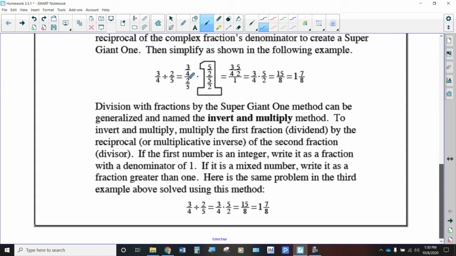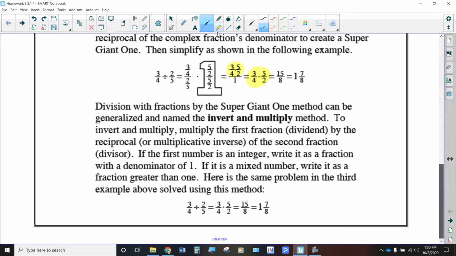And if we want to change the denominator into a 1, we have to multiply it times its reciprocal. But you can't just multiply the denominator times the reciprocal without also multiplying the numerator times that same reciprocal. So notice how you're going to get 2/5 times 5 over 2 is going to give you that 1 in the denominator, and we don't need that 1 in the denominator, so the numerator becomes our problem.